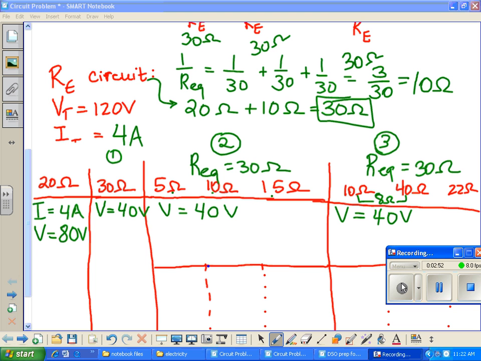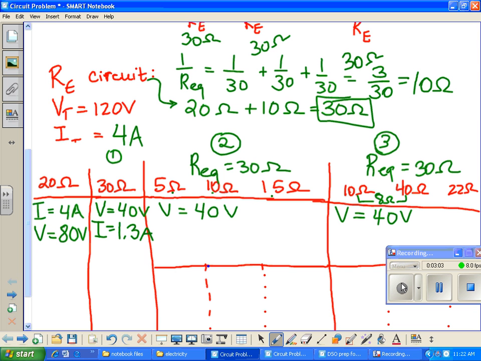What would be the total current across this first resistor? Whatever 40 divided by 3 is. 1.3 amps of current. It's the same across the other 2 branches, the same equation for the totals. So I have 1.3 amps of current here, and 1.3 amps of current here as well.